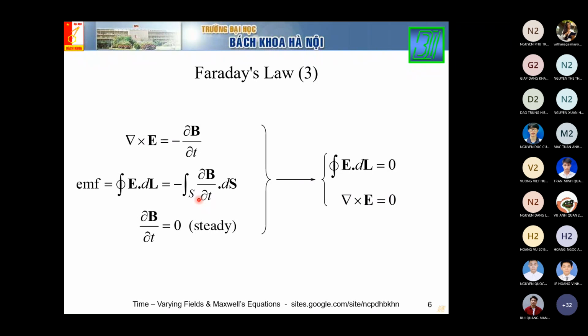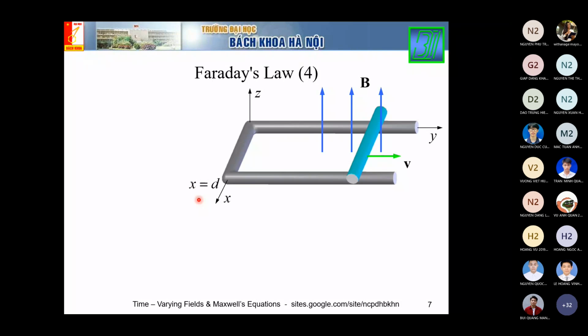And the second one is Maxwell's equation for steady magnetic, invariant fields. Okay, we consider this very simple case.